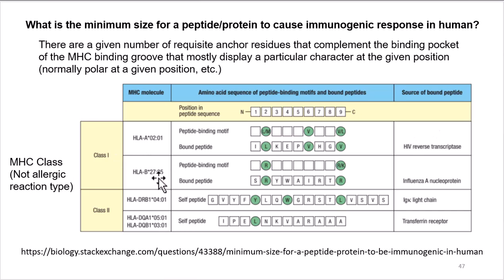Here we have another one. So the lower one is the peptide bound by the MHC. The upper one is the motif that the antibodies make and recognize. So you can imagine, here's a lysine that was interacting with the MHC, but the TCR saw these ones in green.